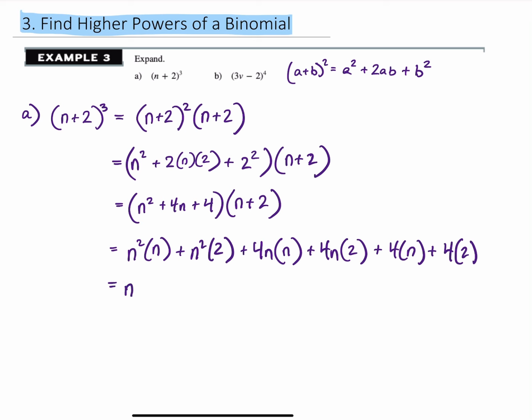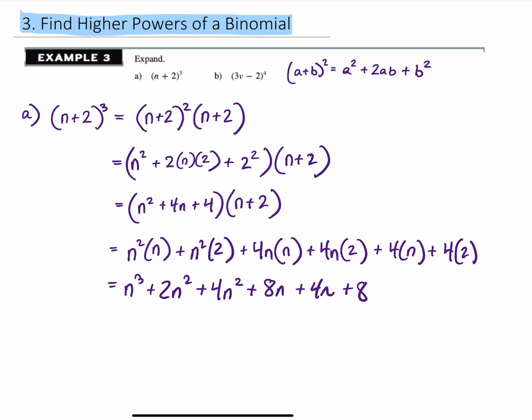So that will give me n cubed plus 2n squared. This 4n times n will give me 4n squared. Then plus 8n plus another 4n plus 8.